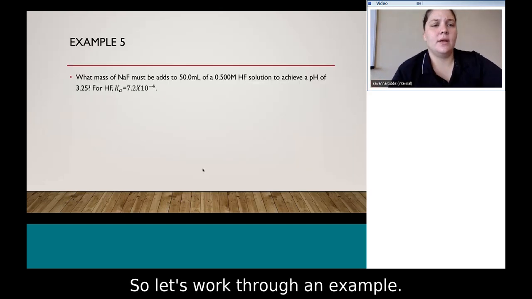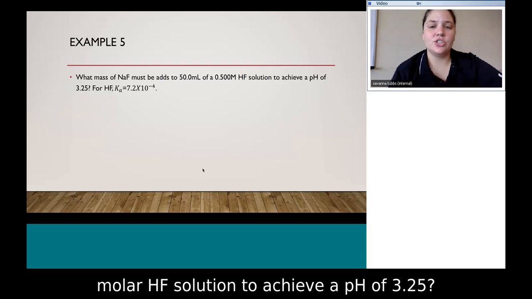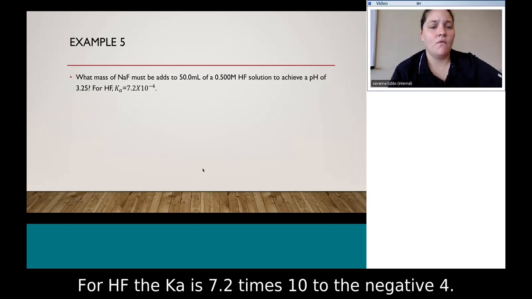So let's work through an example. What mass of NaF must be added to 50 milliliters of a 0.500 molar HF solution to achieve a pH of 3.25? For HF, the Ka is 7.2 times 10 to the negative 4.